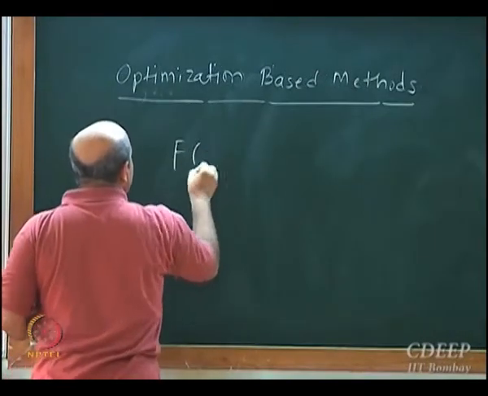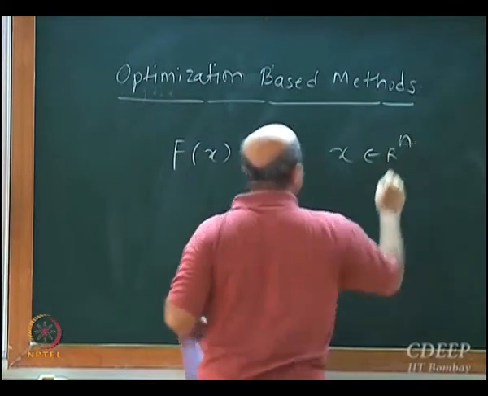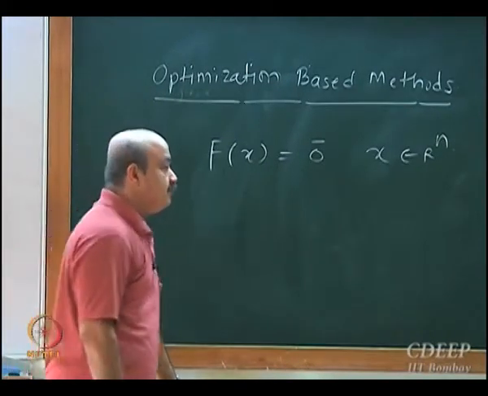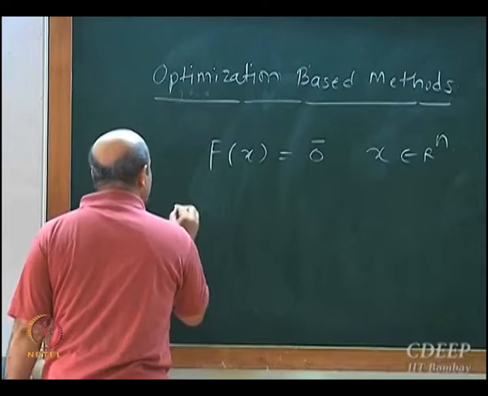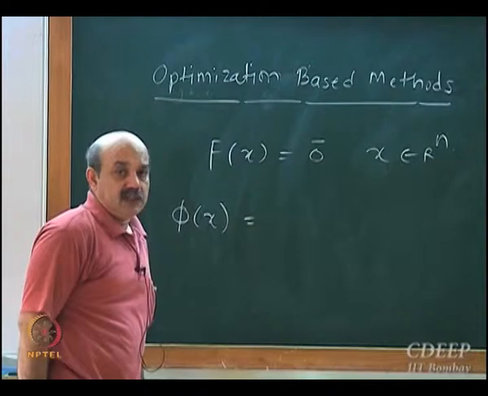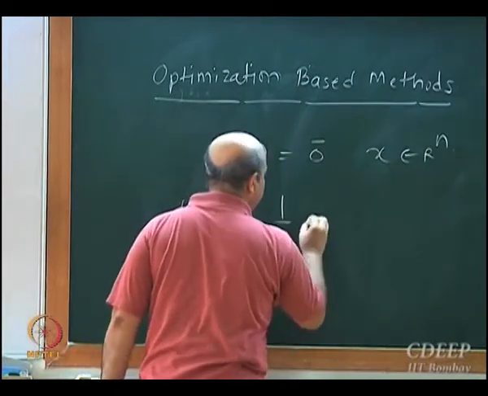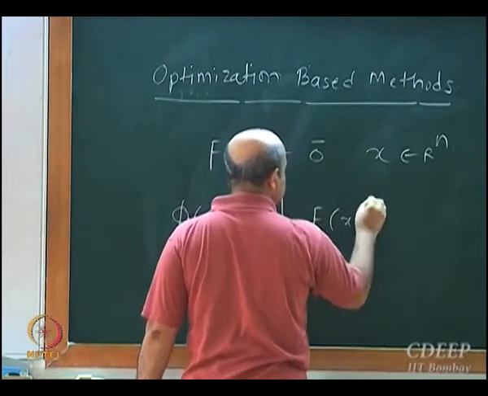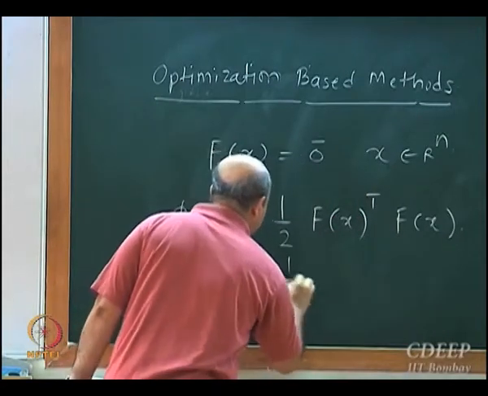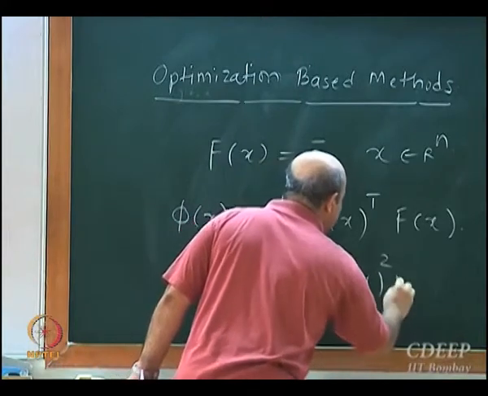I want to solve f of x equal to 0, where x belongs to R^n, x is an n-dimensional vector, and f of x equal to 0 is what I want to solve for. I formulate an objective function phi of x, which is half f(x) transpose f(x), which is nothing but half of f1(x) squared plus and so on.